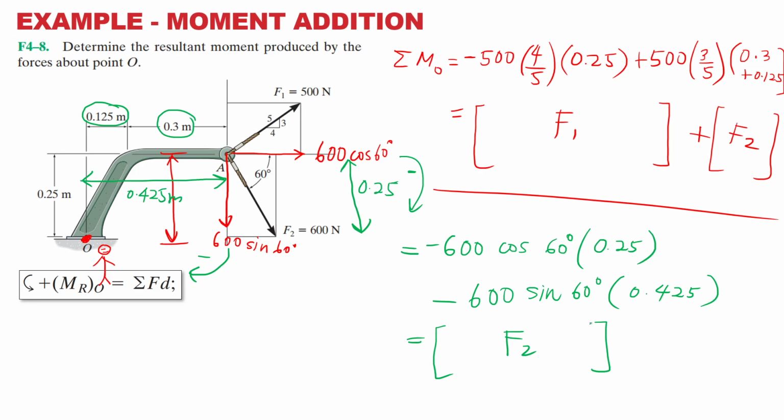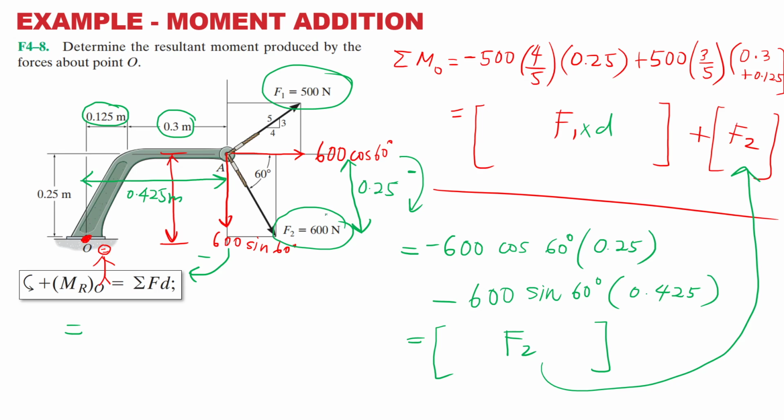Inilah yang F2. So this F2 goes to here lah. So kena campur. Bukan F kan? F kali distance lah kan? Moment lah. Moment which is coming from F1 and F2. So kena campur dua-dua. Komponen F1 campur dengan komponen F2.